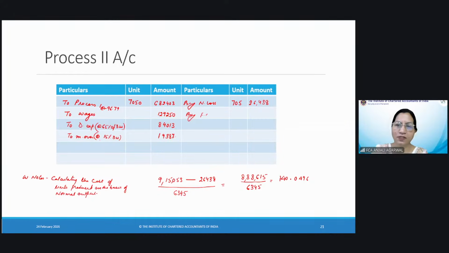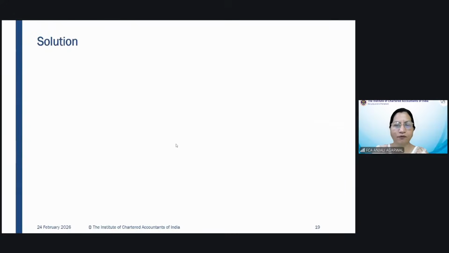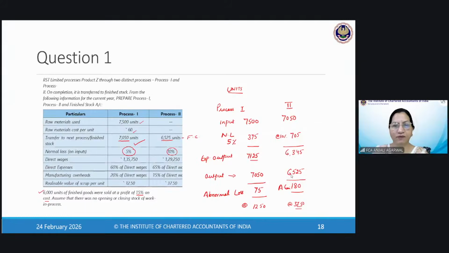So in the finished goods account, how many units moved to the finished goods account? 6525.